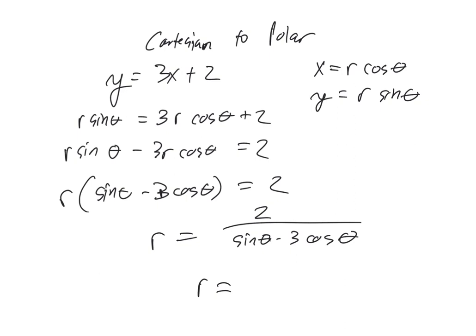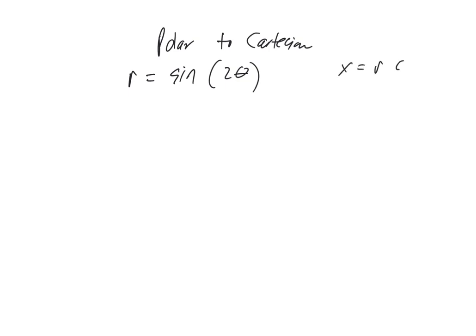To go from polar into Cartesian, let's go to a new slide. Polar to Cartesian. If we have something like r equals sine of 2 theta, and I need to go from polar to Cartesian, x equals r cosine theta, y equals r sine theta.